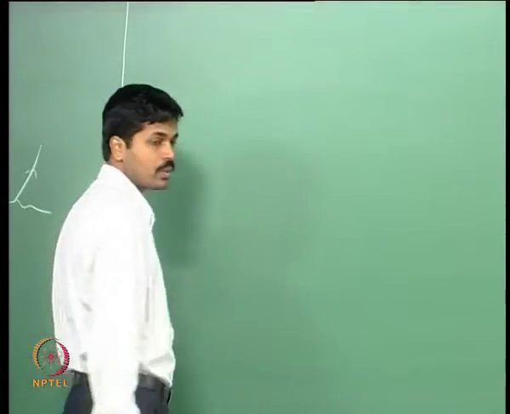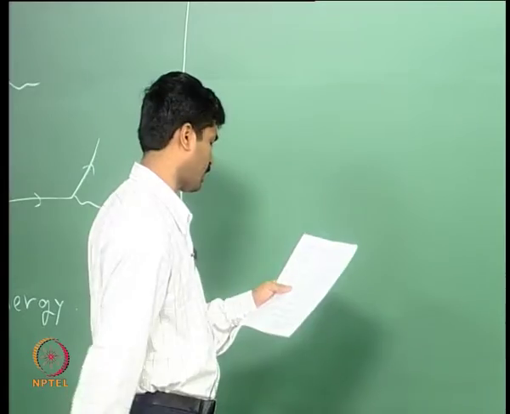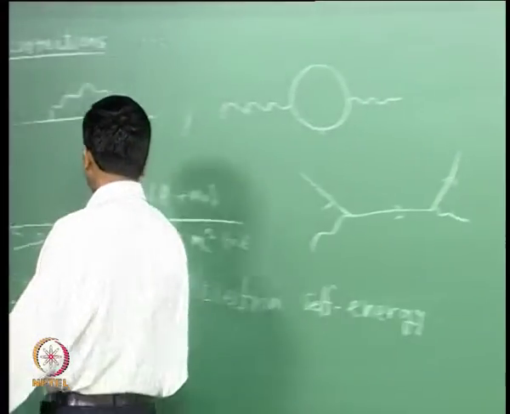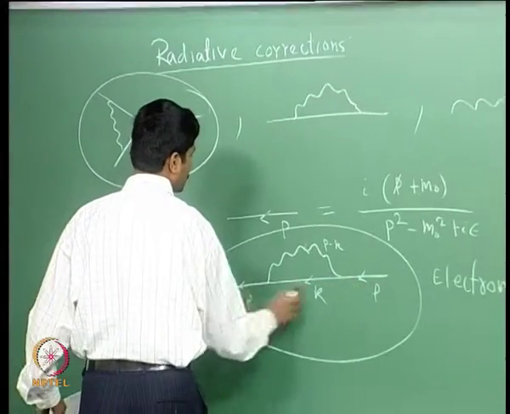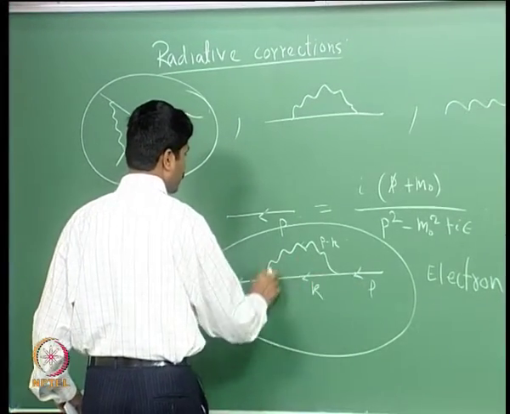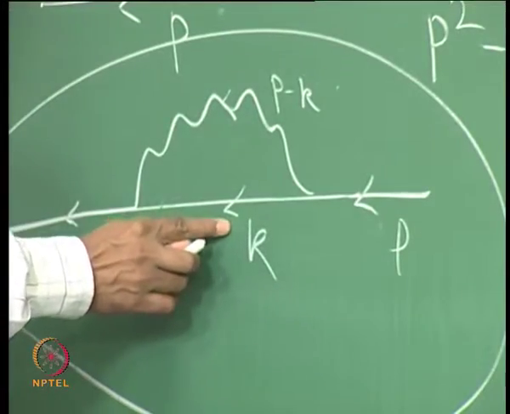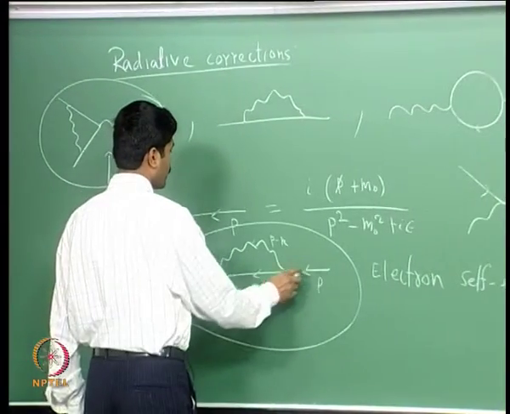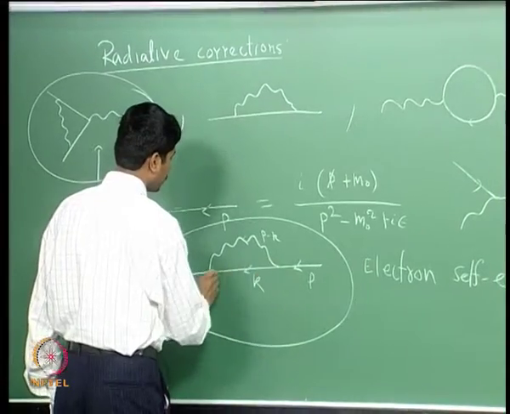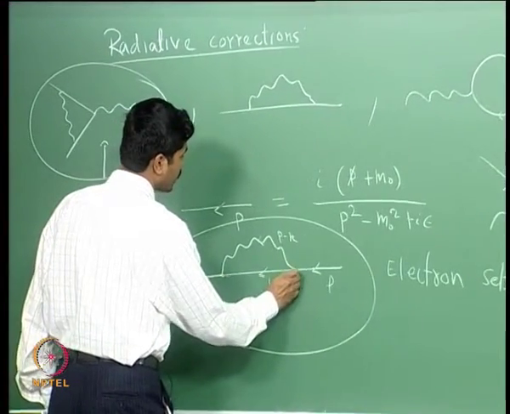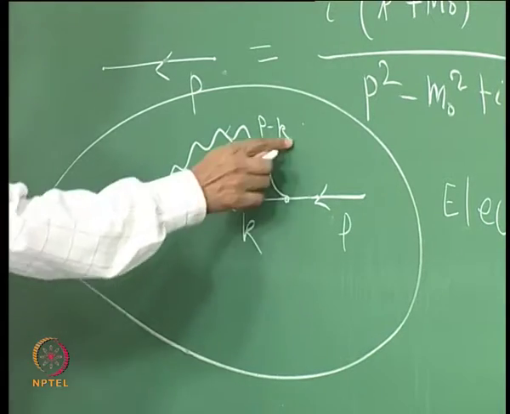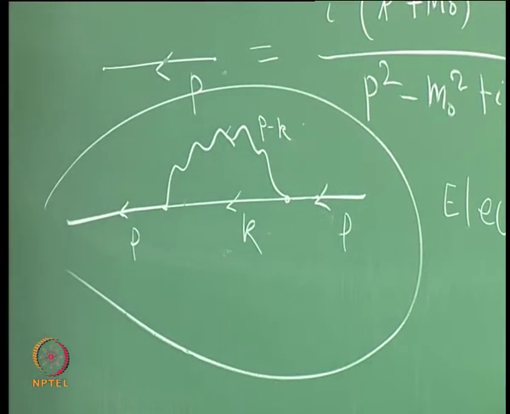I will first write down the formula, and then I will explain it in detail. There are two propagators here, and then there is this loop, which contains one fermion propagator and one photon propagator. So we have to write all these propagators and the vertex factors, and because there is a loop here, we have to integrate over the loop variable k.